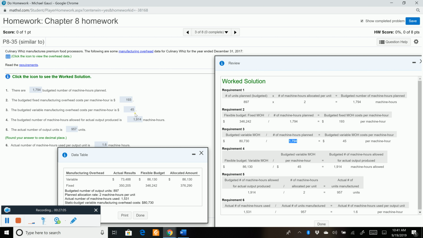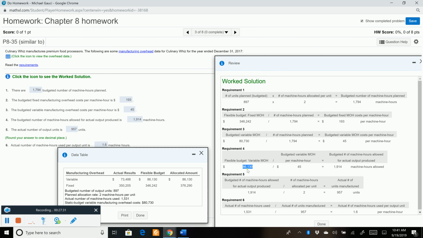Number 4, the budgeted number of machine hours allowed for actual output. And so we need to figure out actual output. Okay, so what is the flex budget for variable, flexed to the actual level of activity? All right, allowable for the actual level of activity was $86,130.